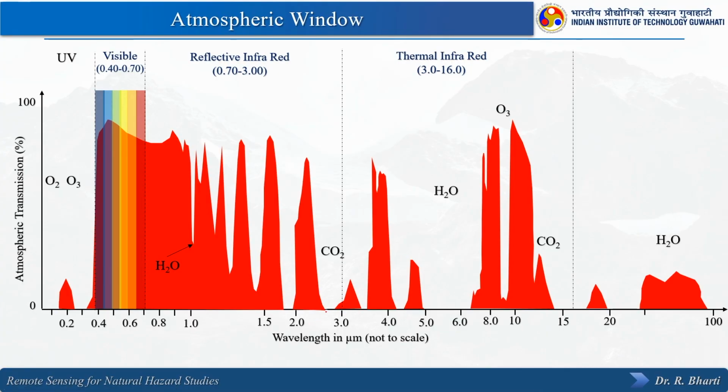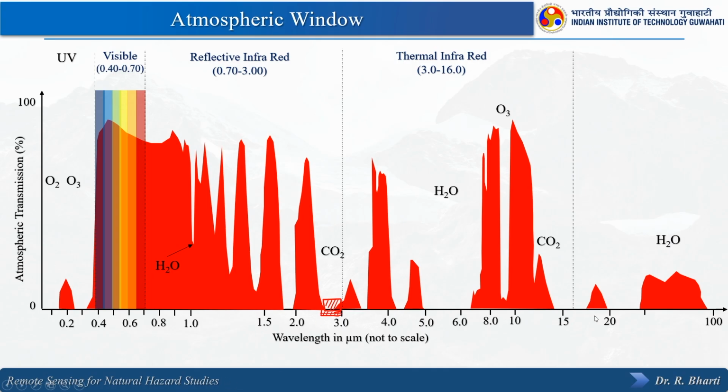Now, 2.5 to 3 micrometer, what is happening there? Basically, this is the wavelength range where we have more atmospheric involvement, and this 2.5 to 3 micrometer is the overlapping region of reflective and thermal remote sensing.